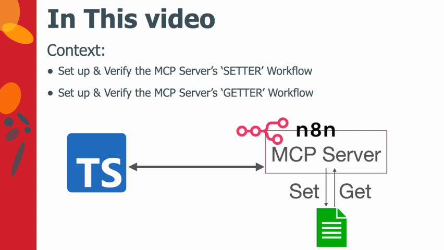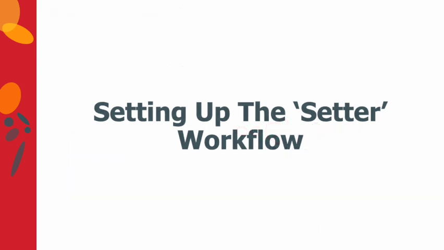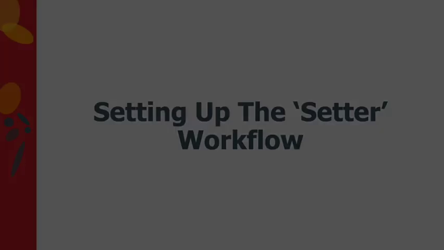So right off the bat, the first thing we're going to look at is setting up the setter, which writes data to the Google Sheet. That's the first workflow we're going to be setting up. Let's go ahead and take a look at that now.